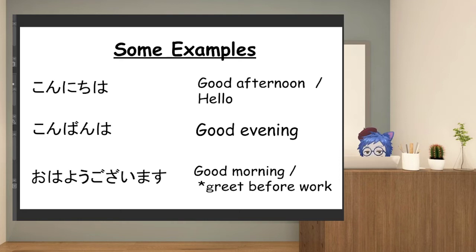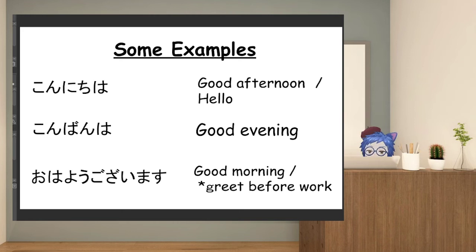And if you want to say ohayo gozaimasu, that is good morning. But if there is a fun fact or something that I know most textbooks don't teach, I'll indicate a special part. For example, ohayo gozaimasu can also be used before work.